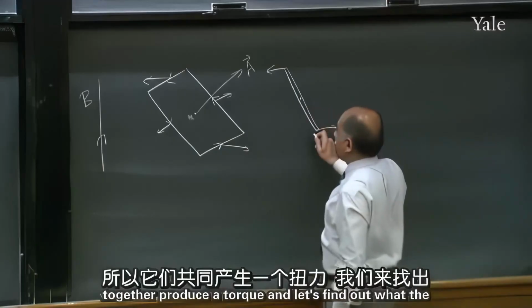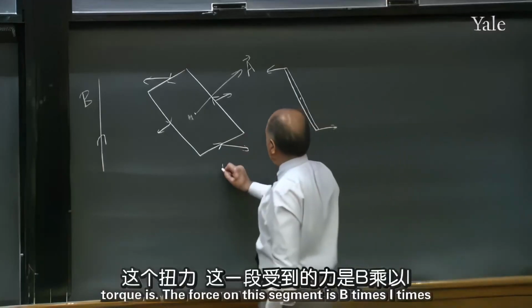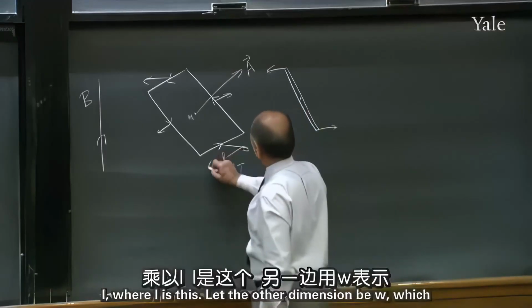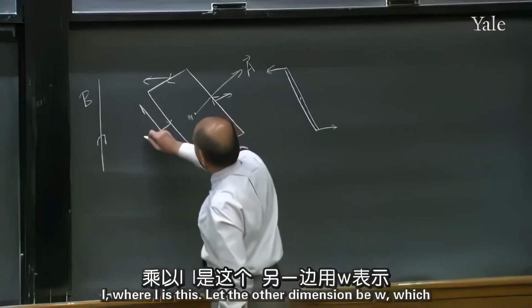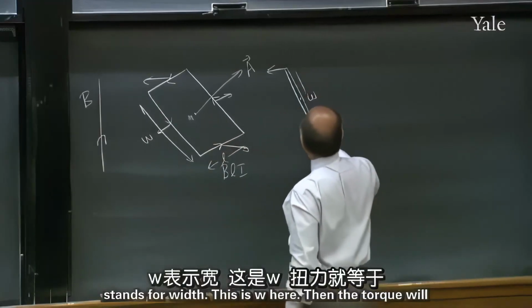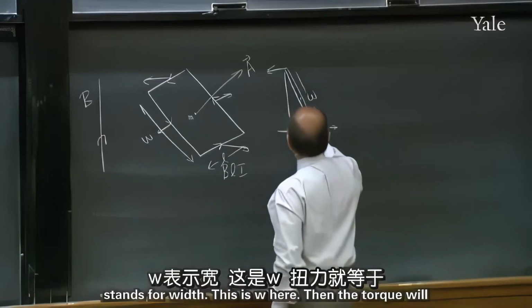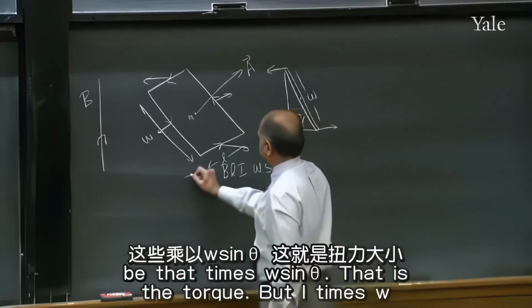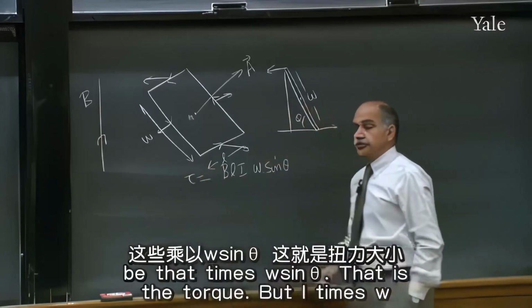Let's find out what the torque is. The force on this segment is B times L times I, where L is this. Let the other dimension be W, which stands for width. So this is W here. Then the torque will be that times W sine theta. That is the torque.